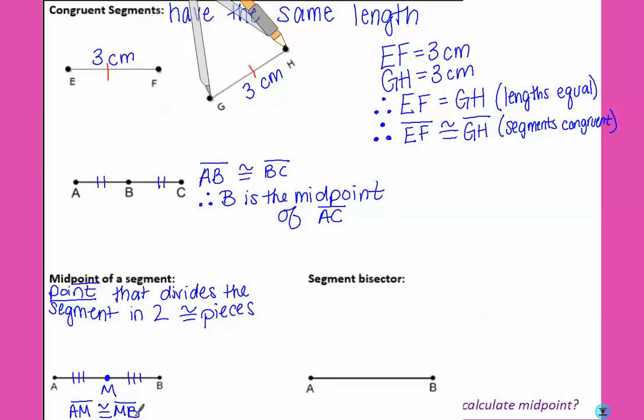A segment bisector can be a few more things. It could be a point, or a ray, or a line, segment, or a plane that intersects at the midpoint.